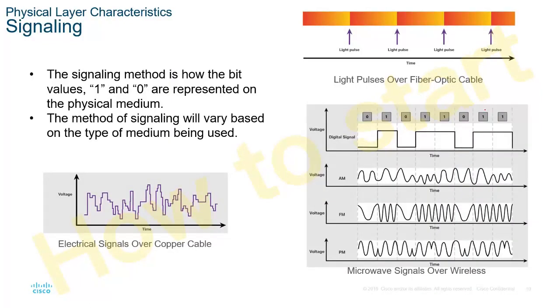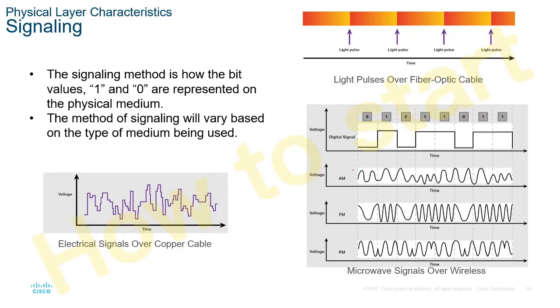So when we talk about signaling, we can talk about maybe the digital signal being a positive or negative voltage connection. Maybe we talk about the amplitude, the height of a signal, AM, amplitude modulation. Maybe we could talk about the frequency modulation. That's the frequency, that's the length of the signal over a given period of time.